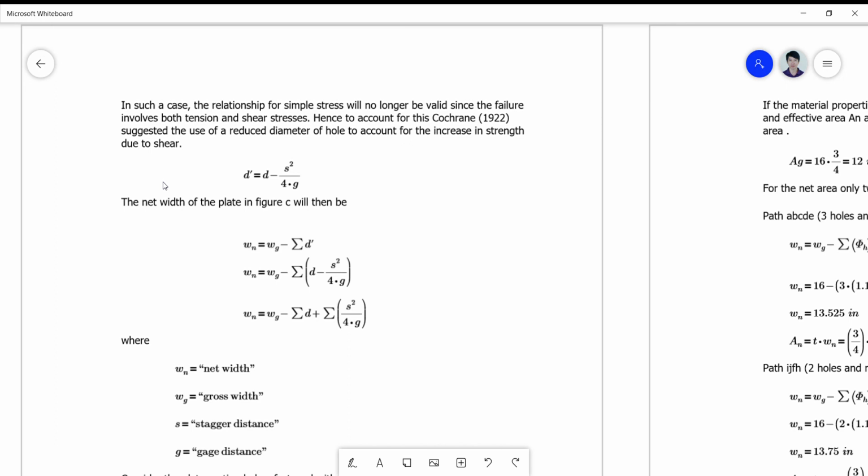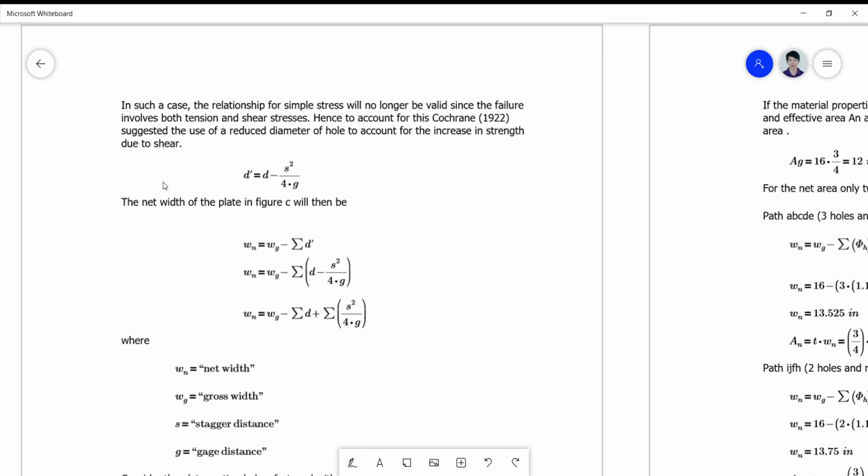So staggering is just like reducing the diameter of the hole, or simply increasing the strength due to shear. So it's an analogy between the increase in strength and the reduction in diameter. When the hole is big, then the net area will be small. So when the hole is reduced, the diameter is reduced, the net area will be big.